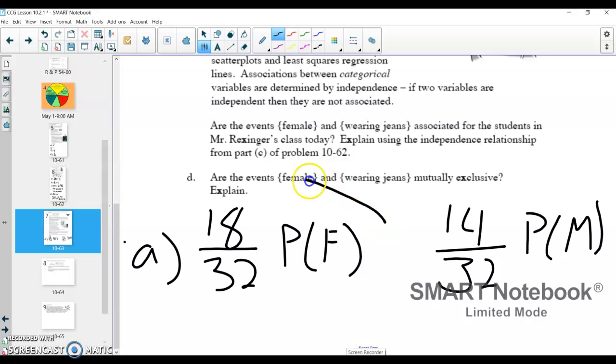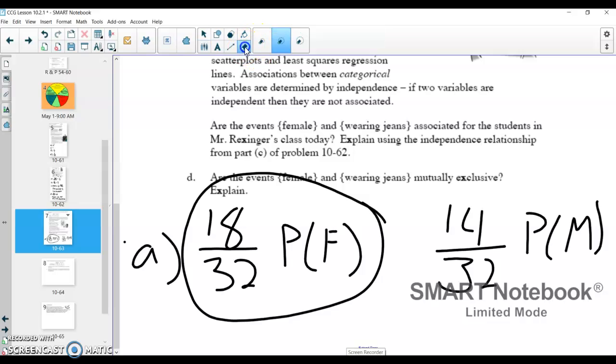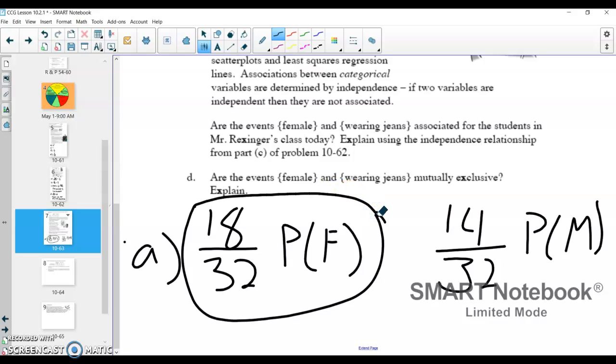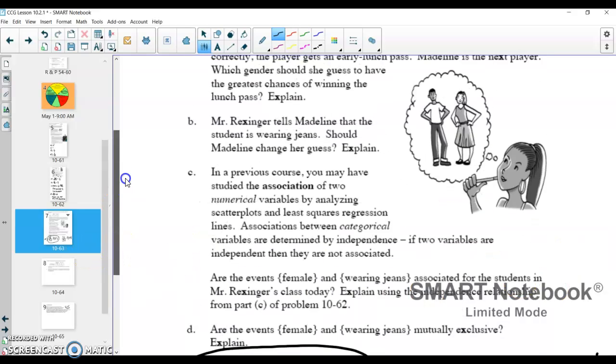You would rather guess that the gender is going to be female because your probability is a little bit higher. Okay, and that's your basic probability. That is not conditional or independent or any of those fancy things we've been talking about today. That's just your classic probability. 32 total students, 18 are female, 14 are male, so you have a better chance picking female.